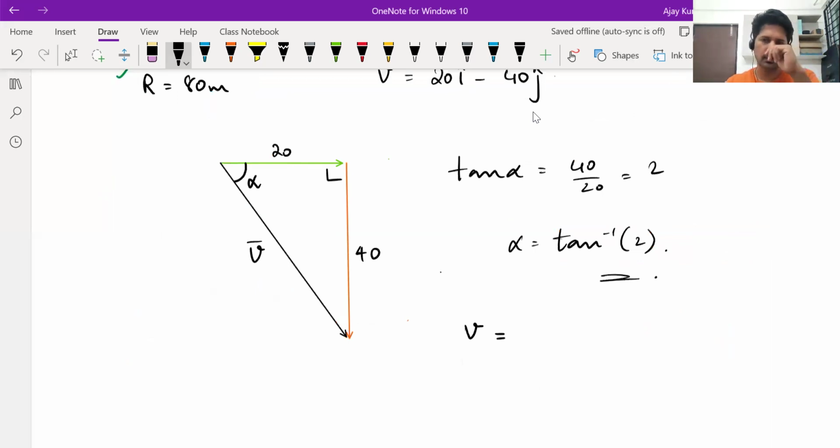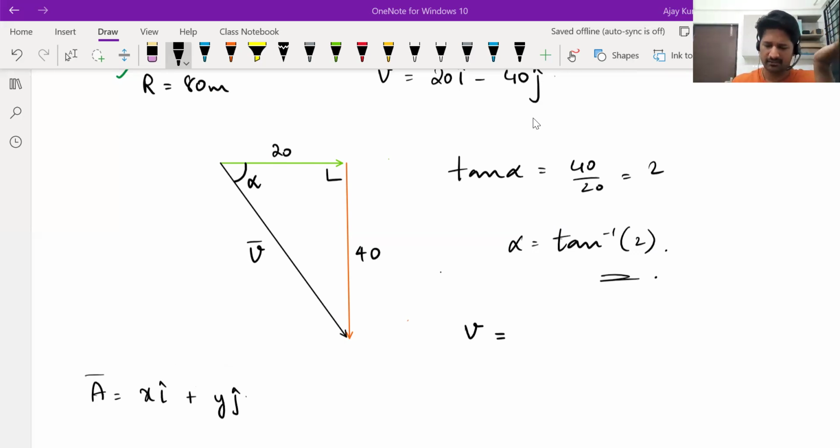Yusuf, can you tell how to find out the magnitude of a vector? Suppose a vector is written like this, x i cap plus y j cap. How do you calculate its magnitude? Okay, no response.